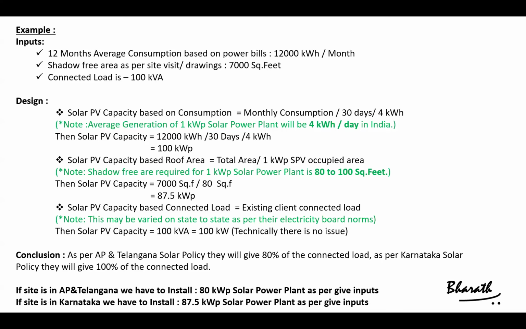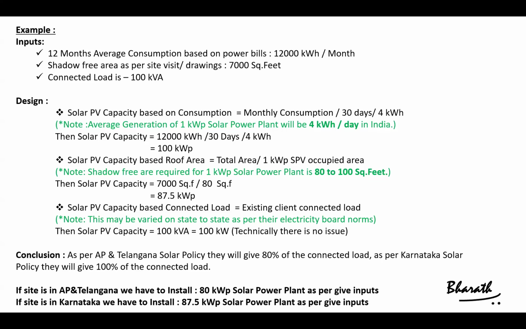To get 400 units from a solar power plant, from 1 kilowatt we can get 4 units. So if you set up a 100 kilowatt system, we can get 400 units. That's why monthly average units divided by 30 divided by 4, and your system capacity will come. Here it is 100 kilowatt.